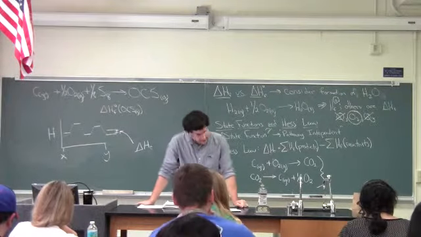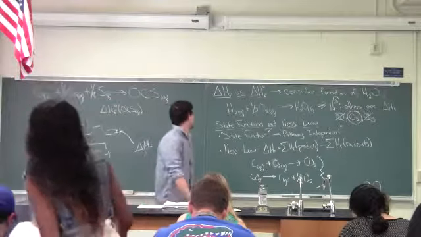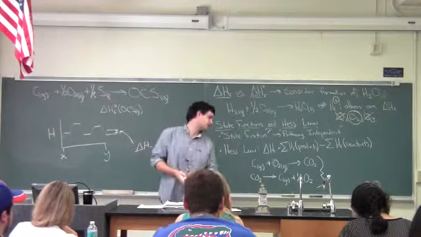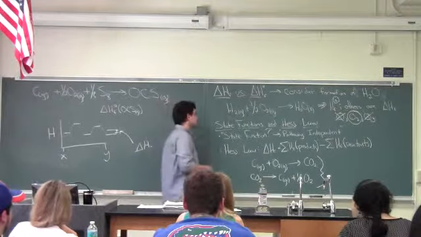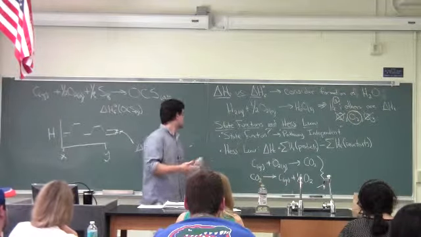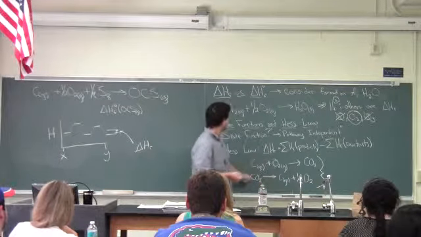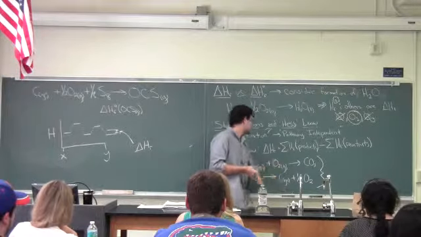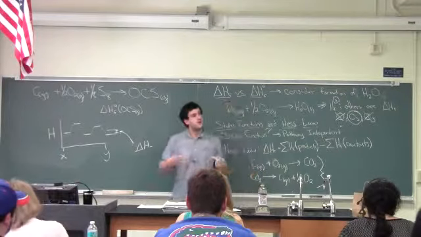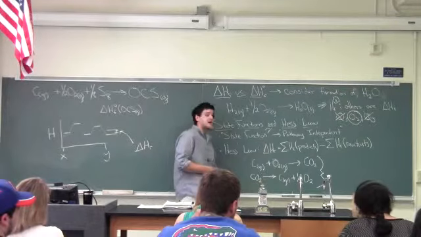Now, application of Hess's law. This is where we're going to go. So, if I take two reactions, like the ones I have written here and here, and I add them together, Hess's law is going to tell me, well, as long as I have products and as long as I have reactants, I can go ahead, add these two together, cross out things that can be canceled, and then all I have to do, apply this formula, and I'll get the change in enthalpy or entropy or whatever I need from Hess's law.